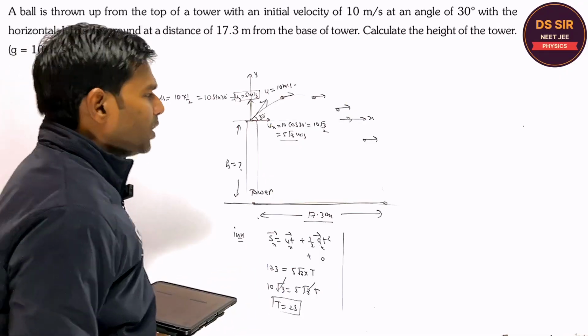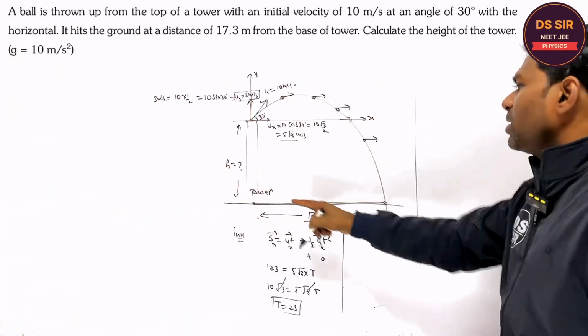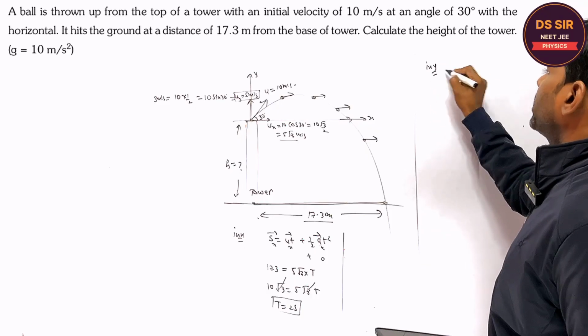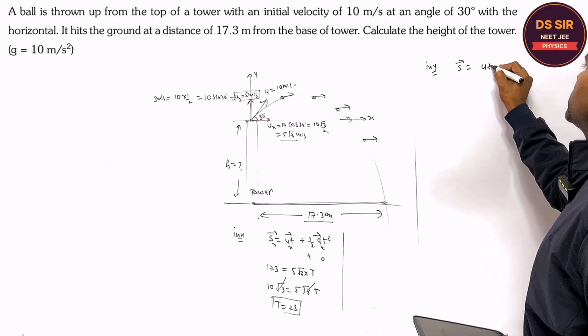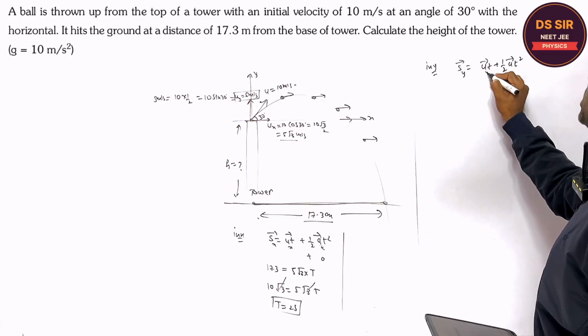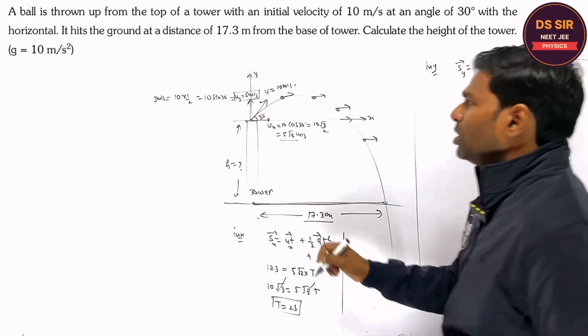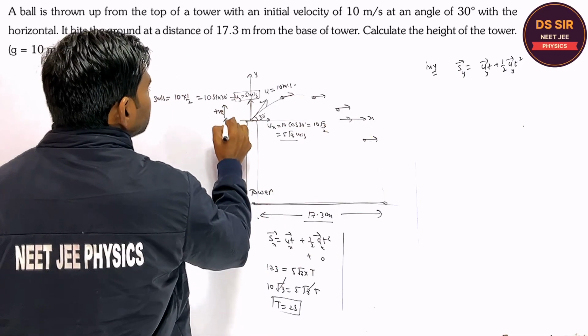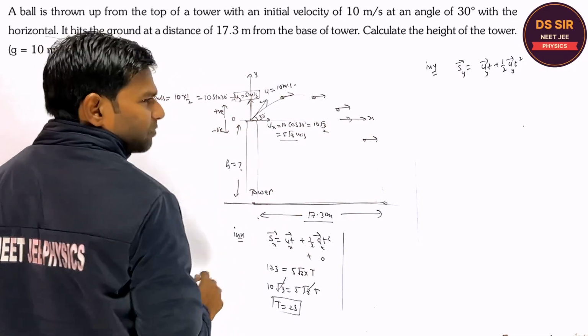Is it fine? Now to find the vertical height, we will use the vertical direction. In the y direction, apply s is equal to ut plus half at square. In which direction? Say y direction. So if you assume the point of projection as origin, this is positive, this is negative.